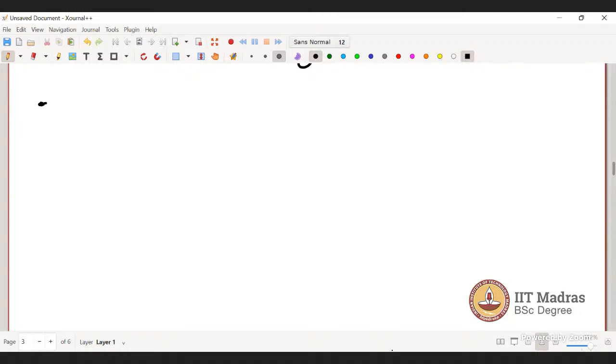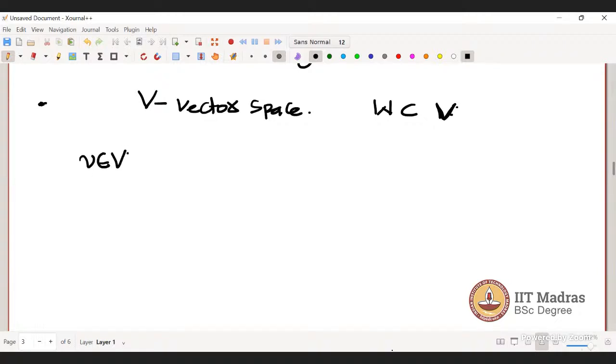I have a vector space. So V is a vector space, obviously with respect to some inner product. And W is a subspace of V. So if I have an element in V, how can I know the projection?